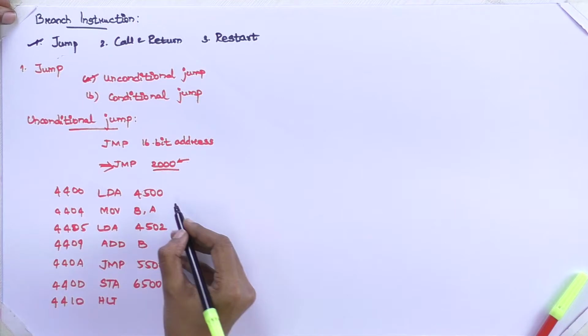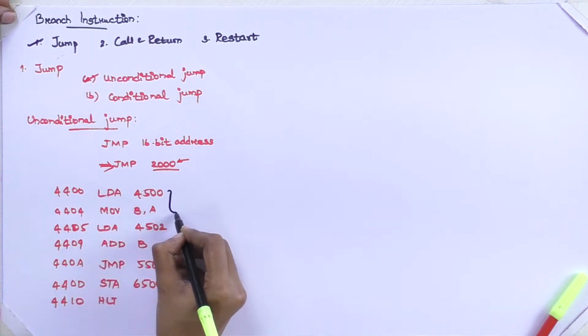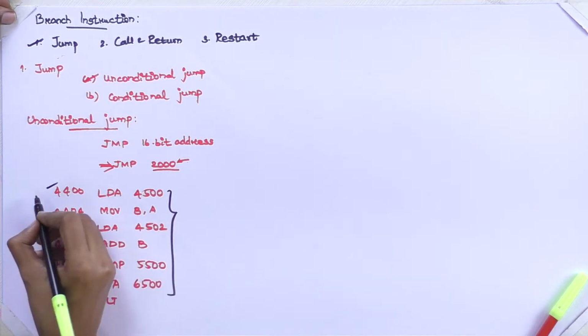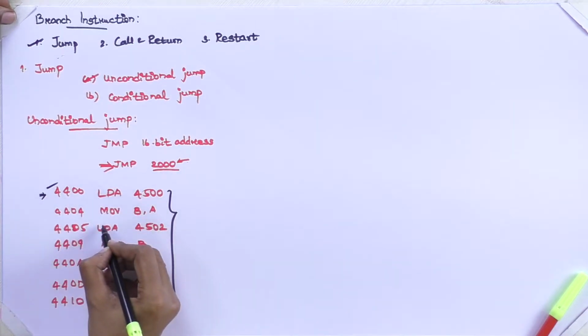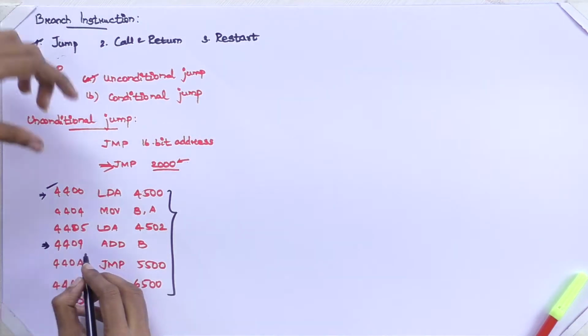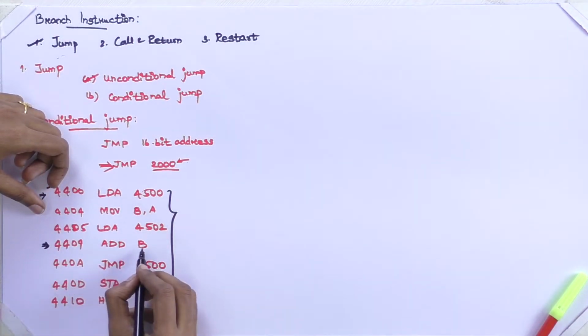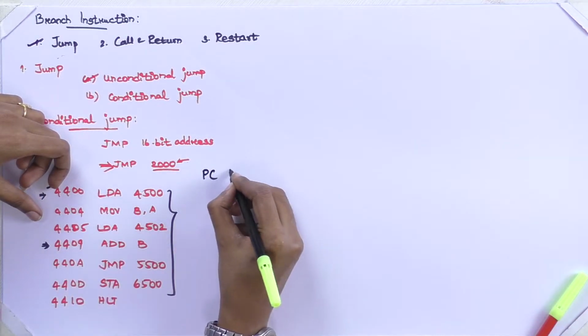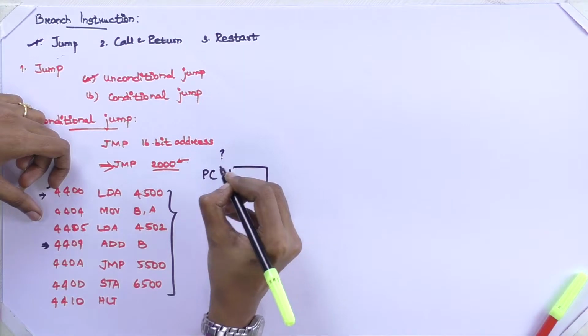Consider that you are having this program at address location 4400. Your processor is executing these instructions line by line. When your processor executes this instruction ADD B, which is at address 4409, what value will PC have?